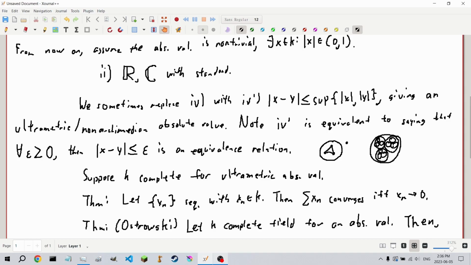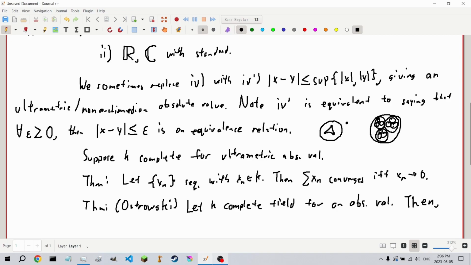The first is that the absolute value is trivial, which we discounted before. We just said we're not going to deal with that.